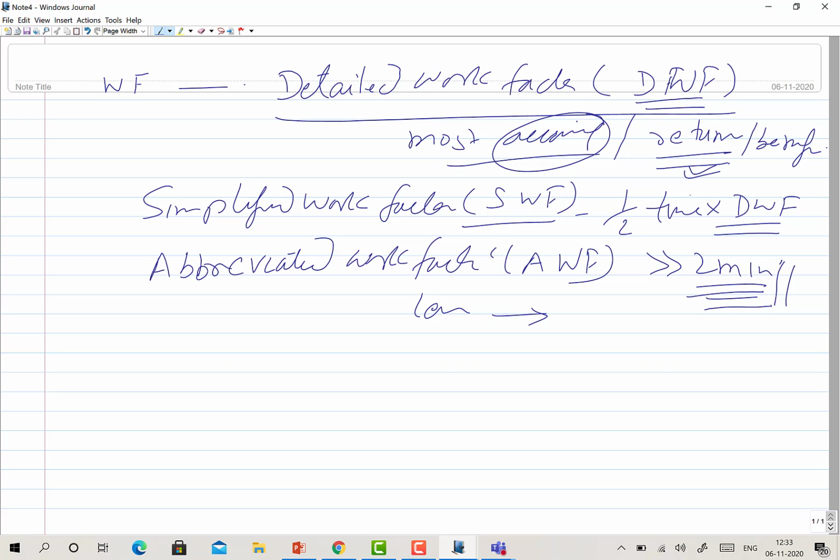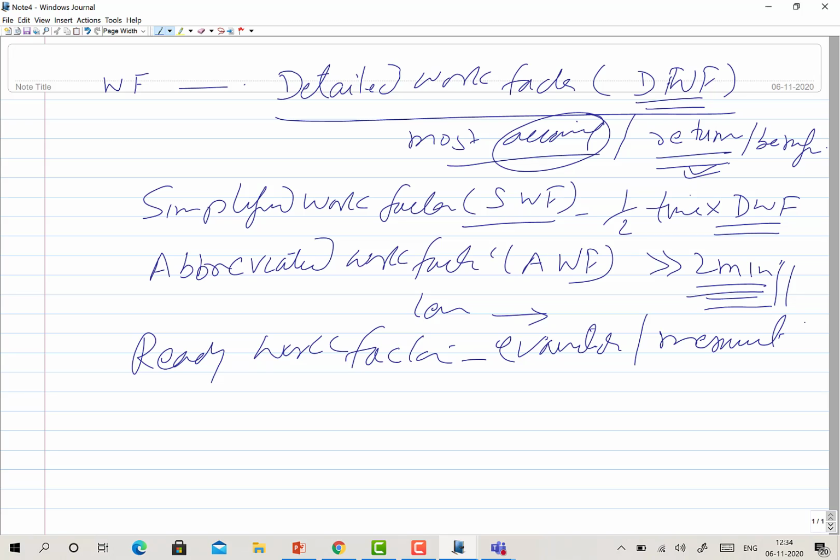And lastly, the very simple and easy to use method is the ready work factor method. It gives the quick evaluation, measurement, and comparison of the alternative options available.